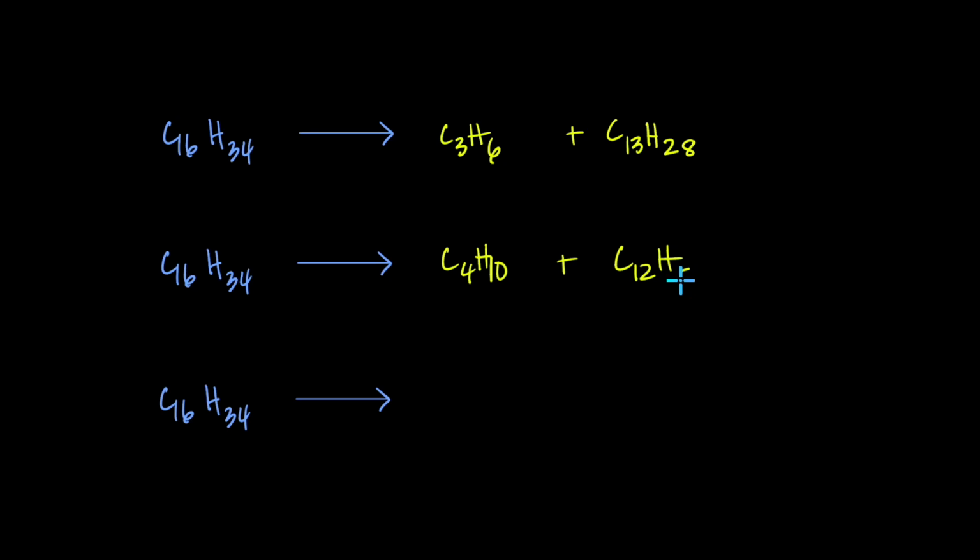Understand? You can also make a small alkane and two alkenes, C1 is 15, C8 is 816, and C7 is 814. Any combination, all you got to make sure is the total number of carbons are the same.